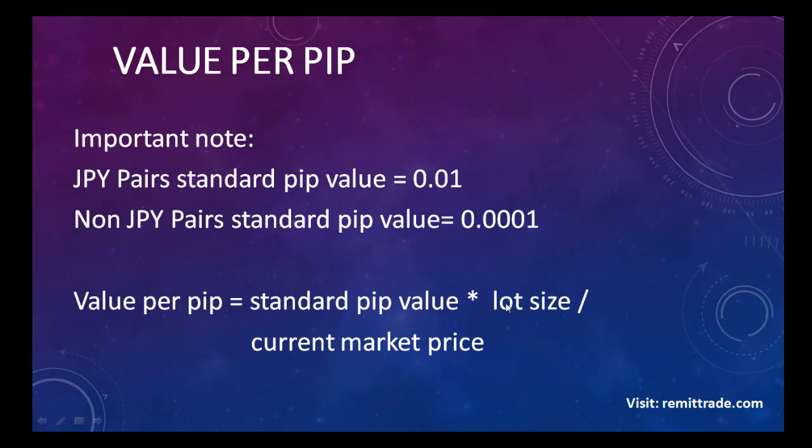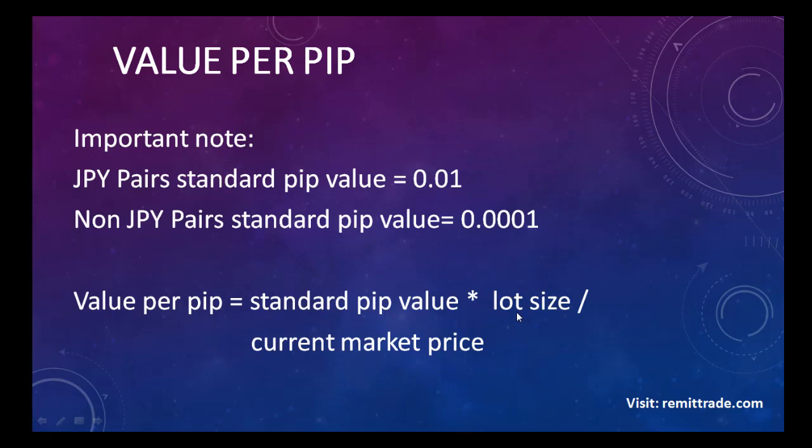Now, your lot size will not be 1 standard lot, it will be in units. That is, if you are considering one standard lot, which is equal to 100,000 units of a base currency, you want to put 100,000 units of the base currency as your lot size, not 1. I hope you get that correctly. If you are considering 0.1, you're not going to put 0.1 as your lot size.